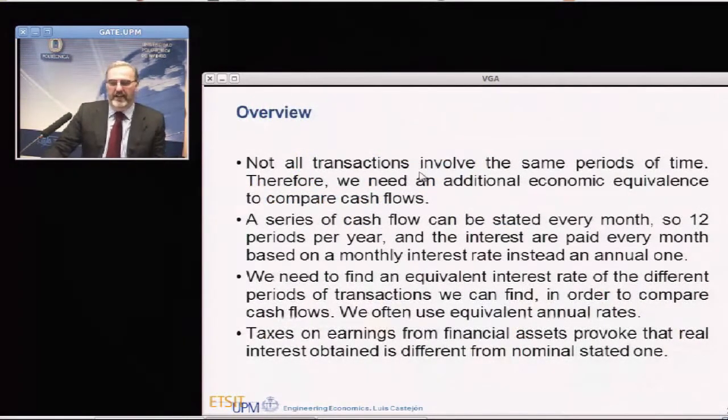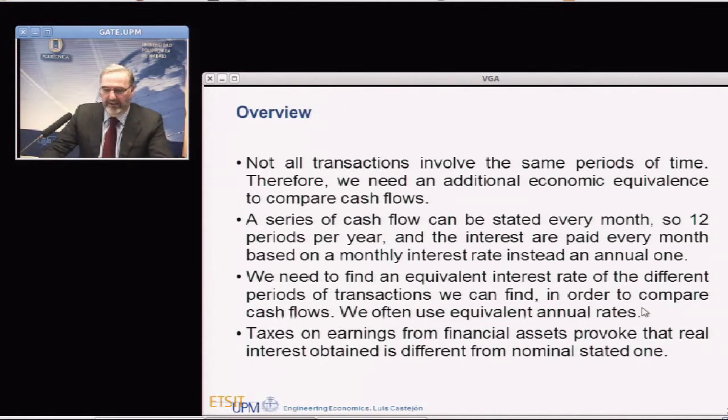Not all transactions involve the same periods of time. Therefore, we need an economic equivalence to compare cash flows. For example, a series of cash flows can be stated every month, so 12 periods per year, and the interest is paid every month based on a monthly interest rate instead of an annual one. So we need to find an equivalent interest rate for the different periods of transaction in order to compare cash flows.